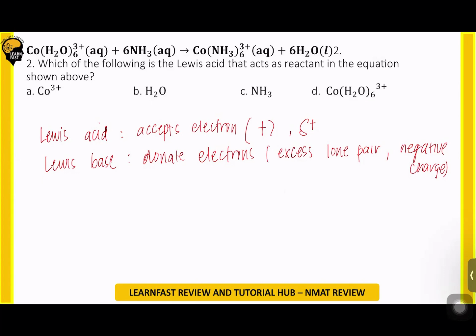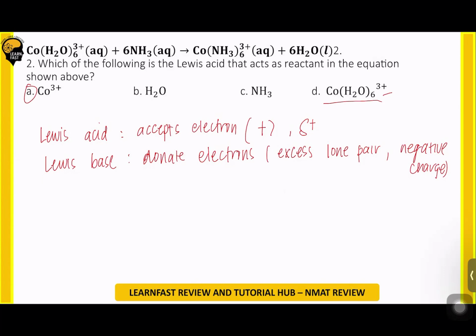But in this case, we're going to answer letter A because this is what we call complexes. And in complexes, it's actually the metal ion that acts as the Lewis acid. In general, the entire positive charge of this complex is actually coming from the cobalt 3 plus.